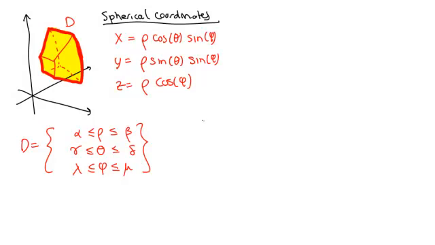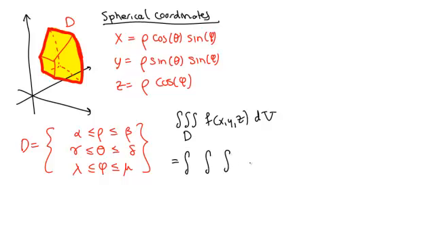Well, we could repeat a similar style of argument that we did for polar coordinates or cylindrical coordinates and come up with a formula for the triple integral over the domain W of a function f of x, y, z dV in terms of its spherical coordinates. And the formula for this is we're going to do an iterated integral.